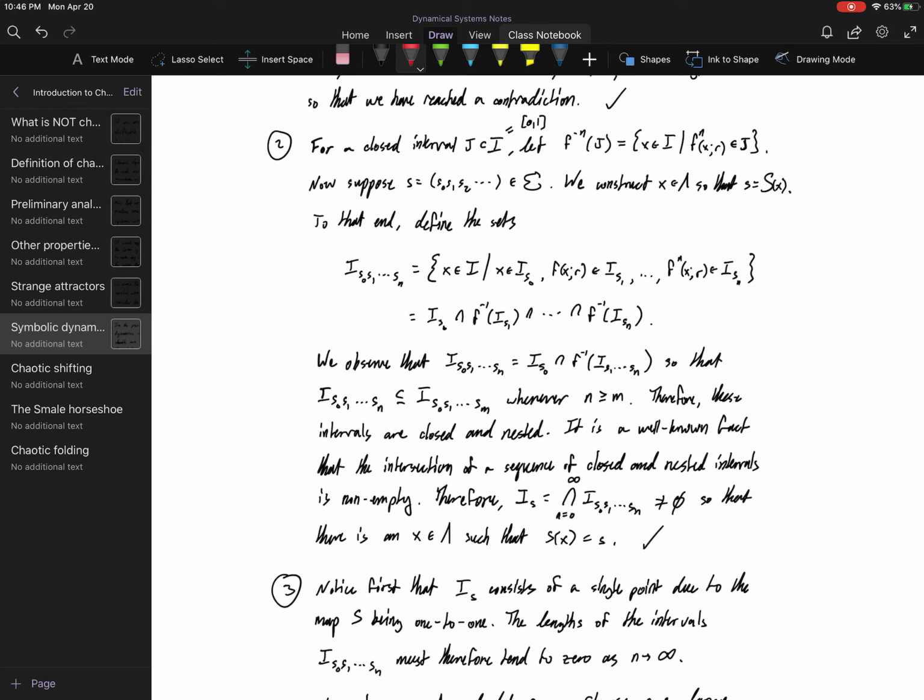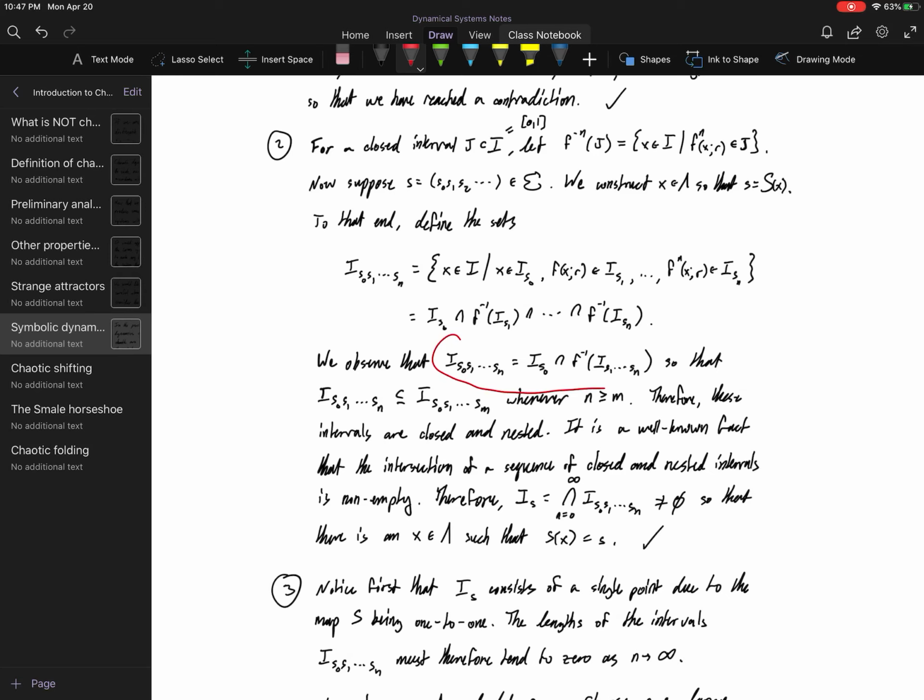So what we're really doing is making progressively smaller subsets so that we can home in on one particular element and say that this x is the guy that maps to this particular itinerary.